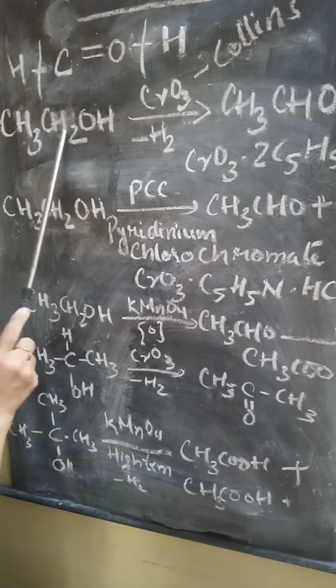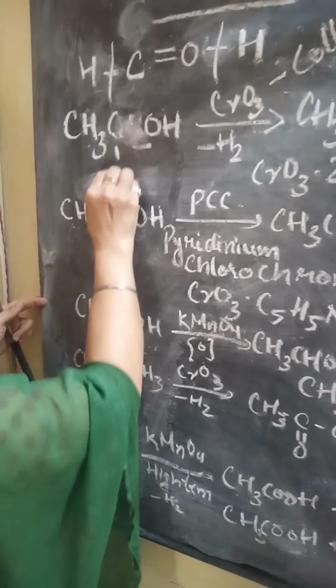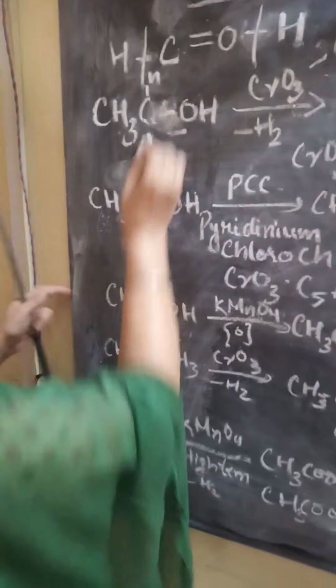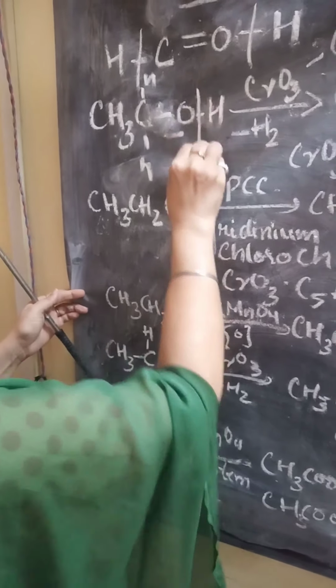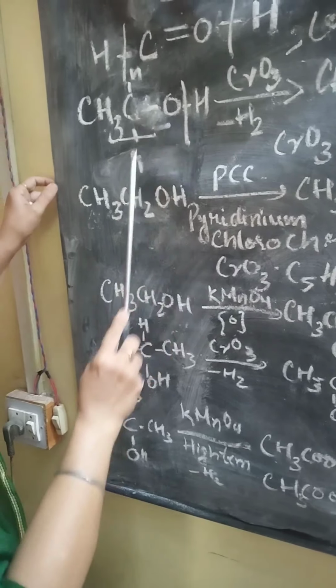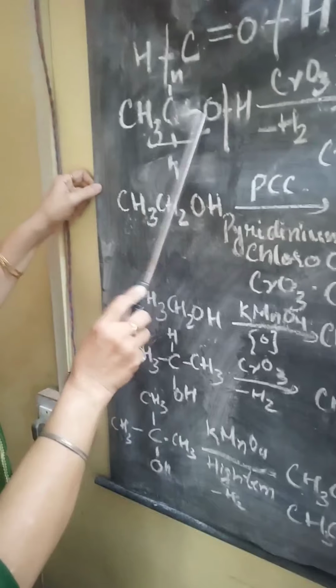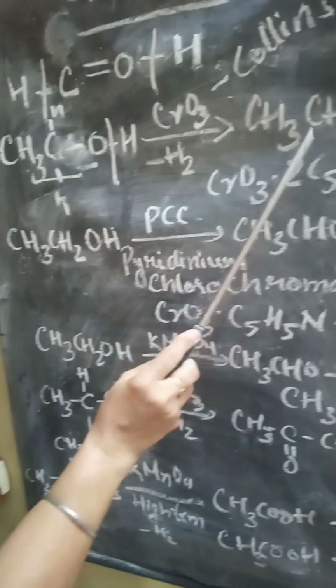That means two bonds here: one bond will break, and the other will also be broken. So these two bonds get broken, resulting in the formation of CH3CHO, that is, aldehyde is formed.